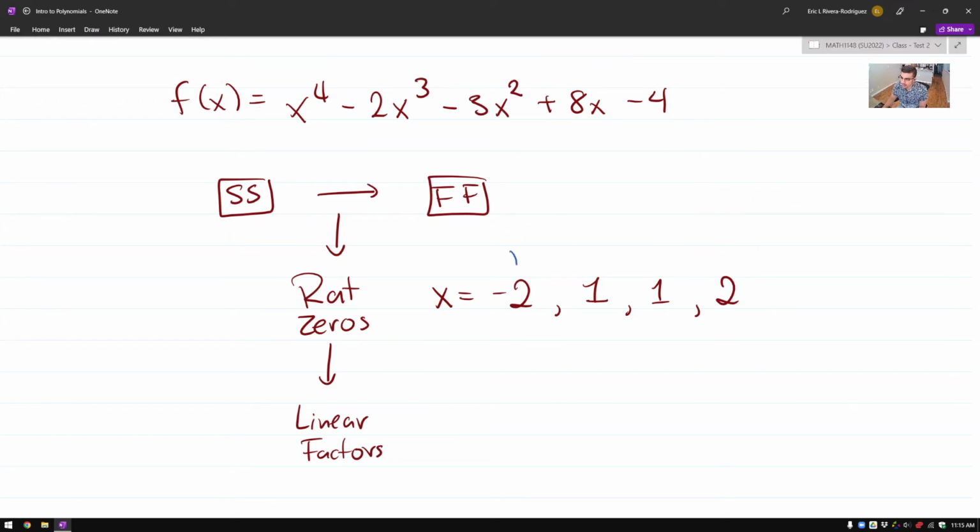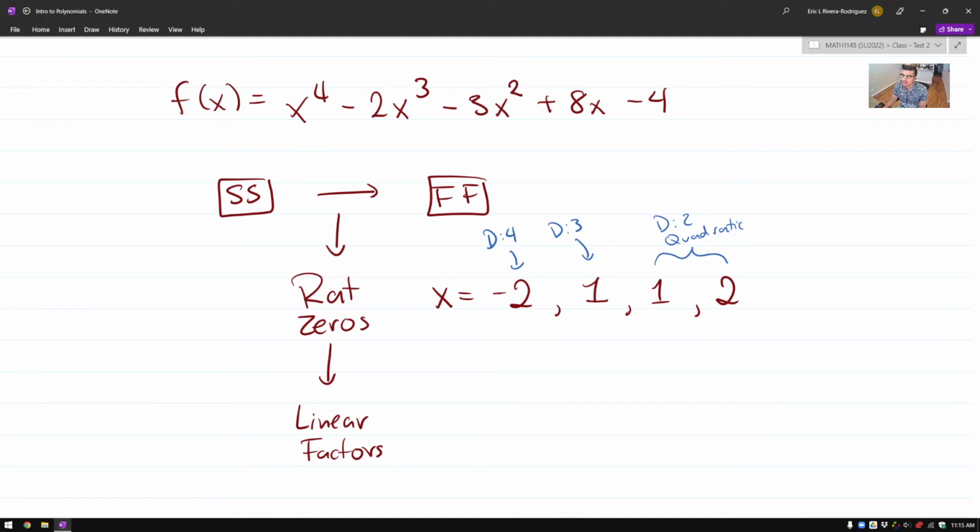So we found -2 in the degree of 4, 1 in the degree of 3, and these two, 1 one more time and 2, in the degree of 2, which is the quadratic.